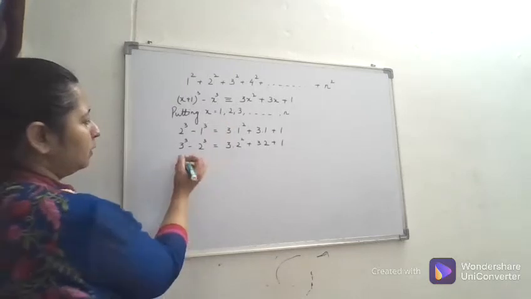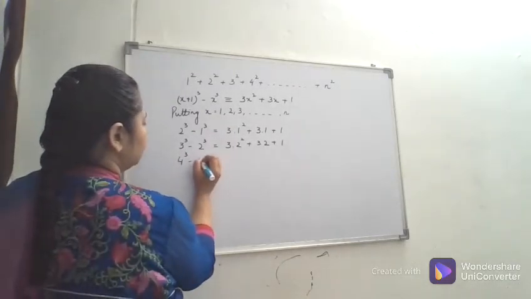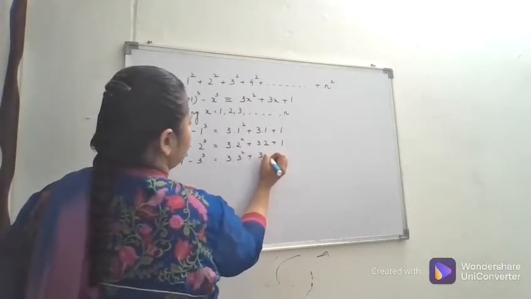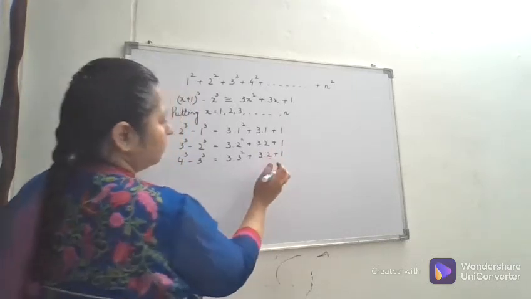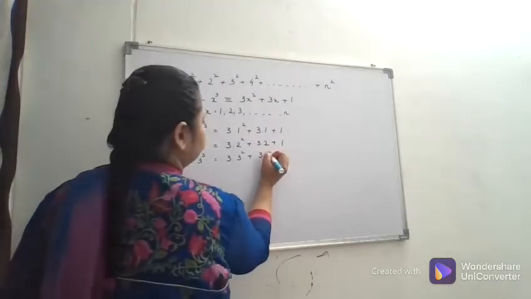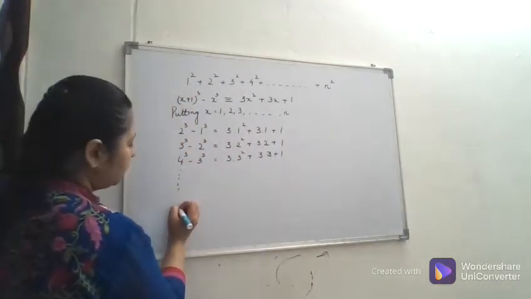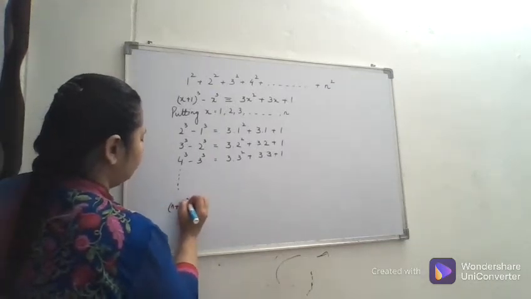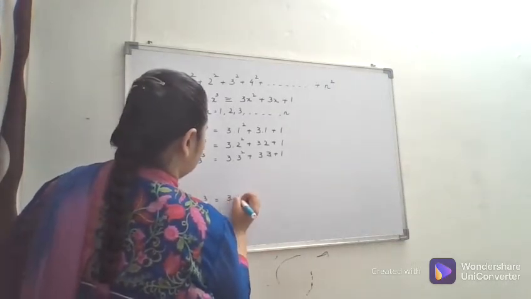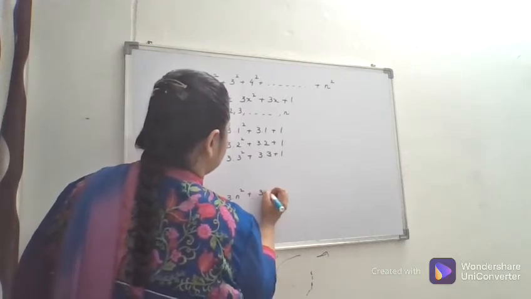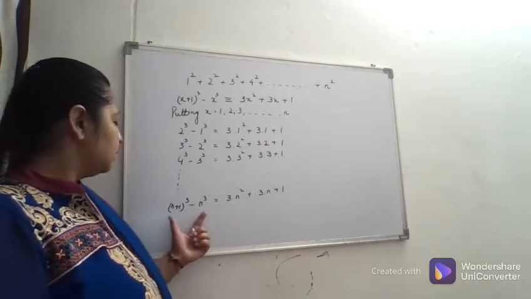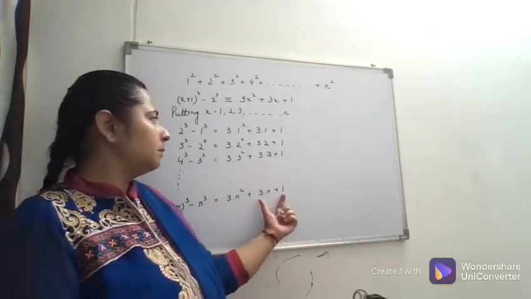When we put x equal to 3, we get 4 cube minus 3 cube is equal to 3 into 3 square plus 3 into 3 plus 1. And so on, when we put x equal to n, (n plus 1) cube minus n cube is equal to 3 into n square plus 3 into n plus 1.